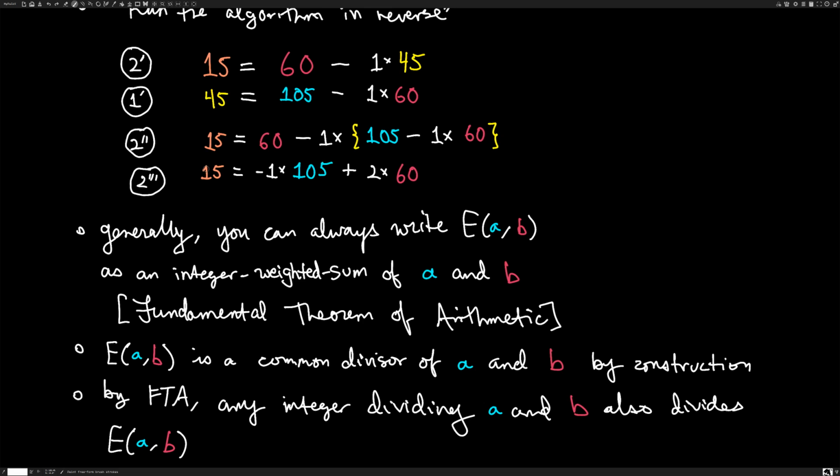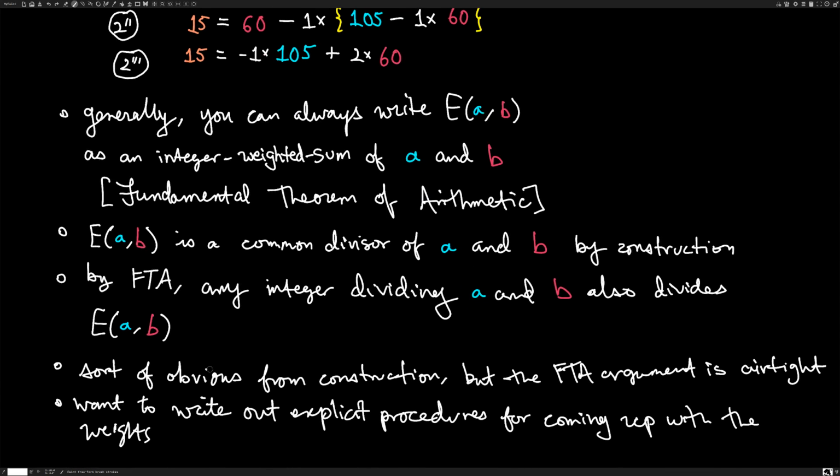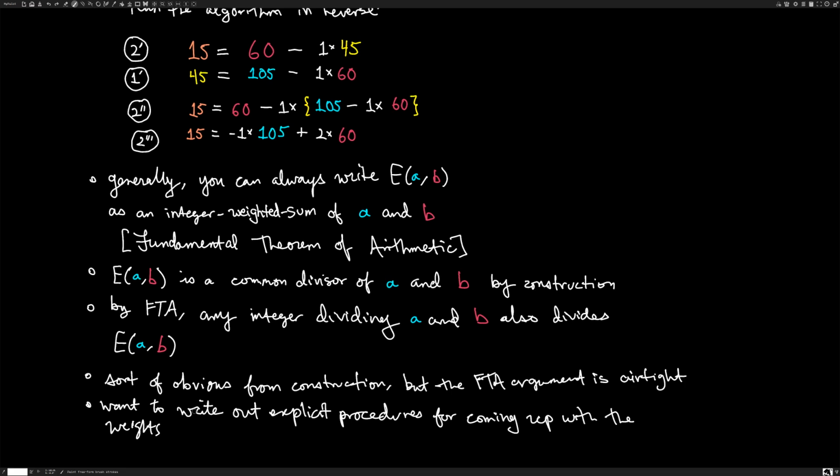So any integer that divides A and B also divides the Euclid number. It is kind of obvious if you think about it, if you make a bounding argument. The Euclid number is a lower bound of A and B, and the way we've set it up, it's also an upper bound of the lower bounds of A and B.